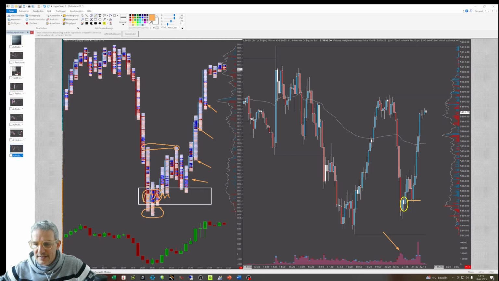And when you have a quick watch at the technical side, you can see here is the inside bar 2. The market starts to come back on the inside bar, on this place where the players are doing their business, their fair business.